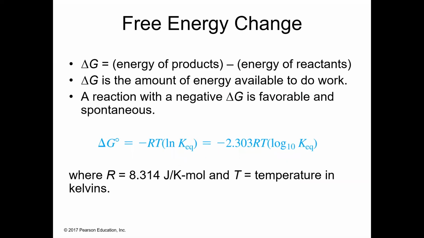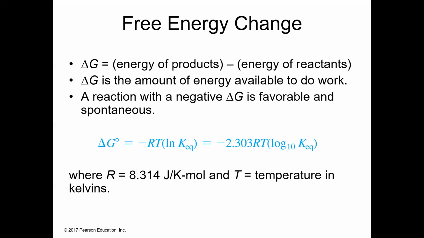And then for review, free energy: we get the change in free energy from the free energy of the products minus the free energy of the reactants. Delta G is defined as the amount of energy available to do work. A reaction that has a negative delta G is favorable and spontaneous.